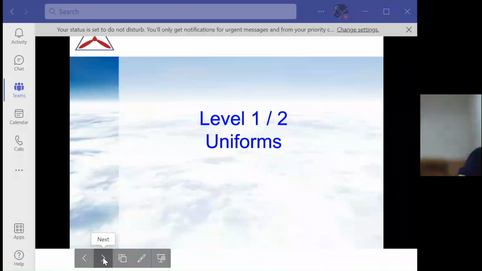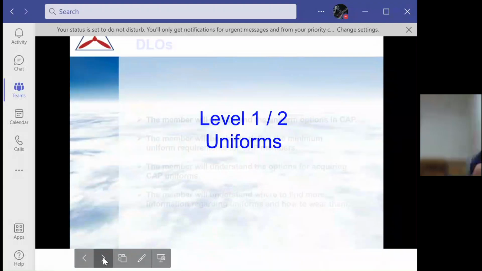So you're going to understand uniform operations, minimum uniform requirements for members. Members will understand options for acquiring your uniform, which you already have. And you will understand where to find more information regarding uniform and how to wear them.